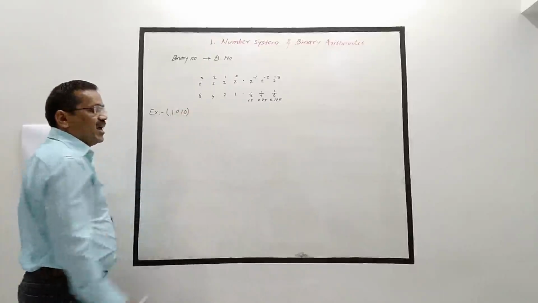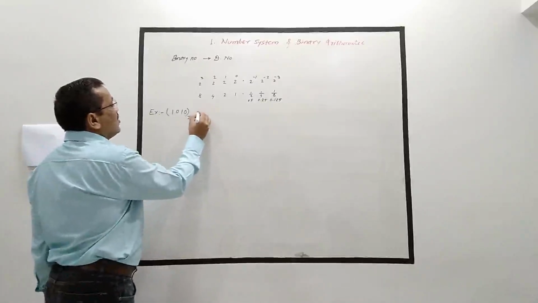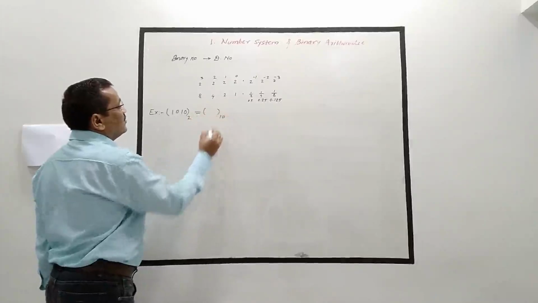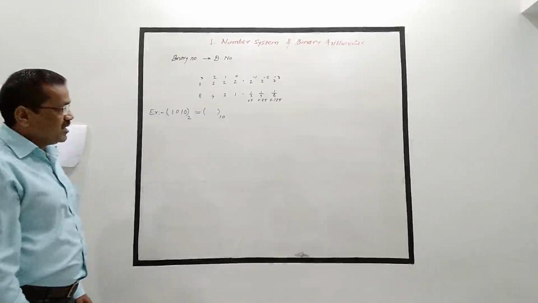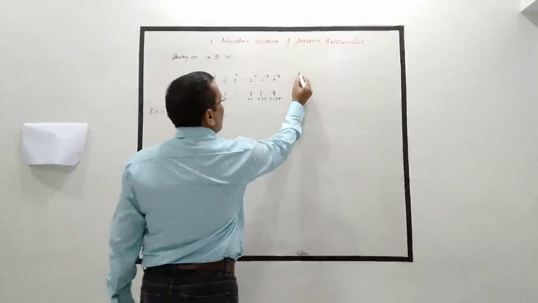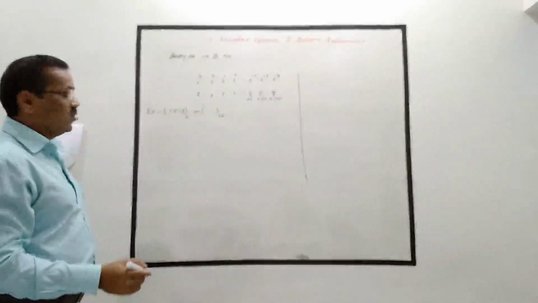This is the binary number, and this binary number is to be converted into its decimal equivalent. A certain procedure is to be followed when this conversion is carried out.